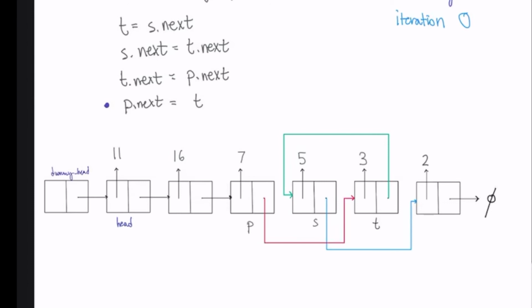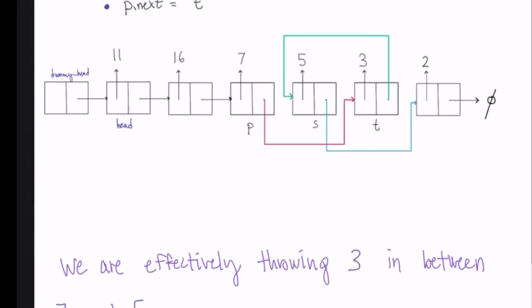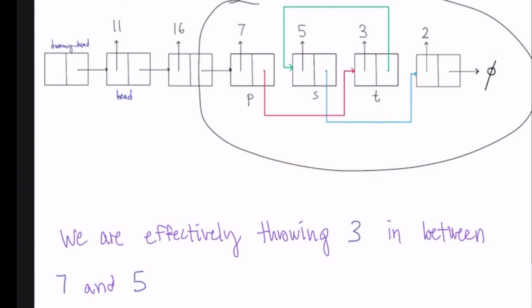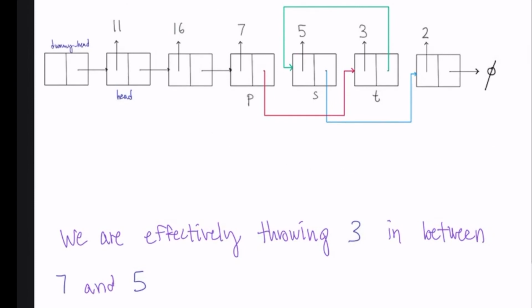Now that we've completed this for loop, we can simplify this formation. Since this looks like a bunch of jumbled arrows, you can see that p.next is pointing to t, t.next is pointing to s, and s.next is pointing to this node.